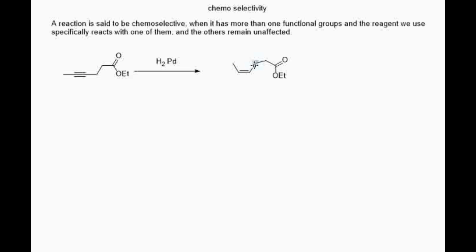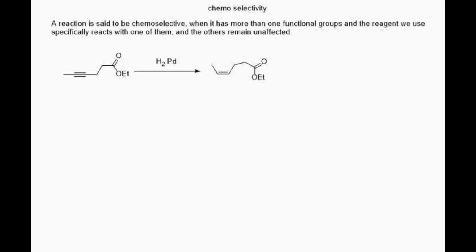It's always better to count the carbons, so you make fewer mistakes. As we can see, the alkyne is changed to a cis alkene and the ester group remains the same. This type of reaction is called chemoselective.